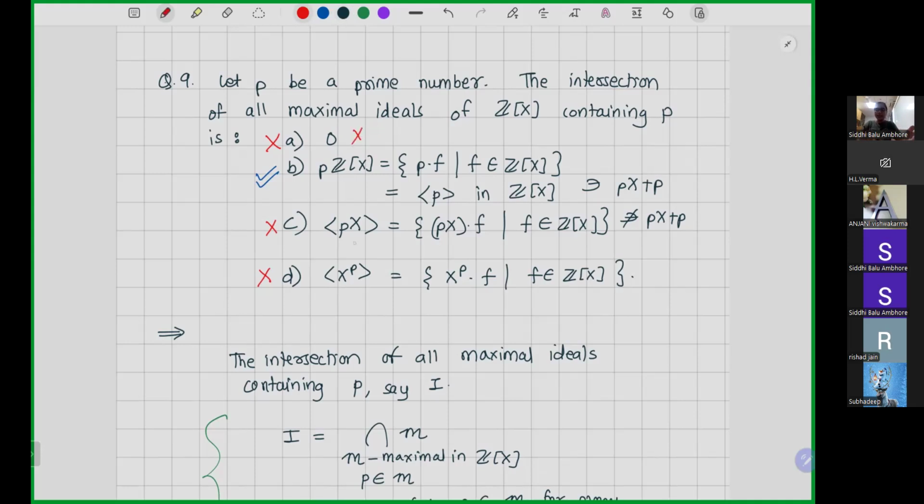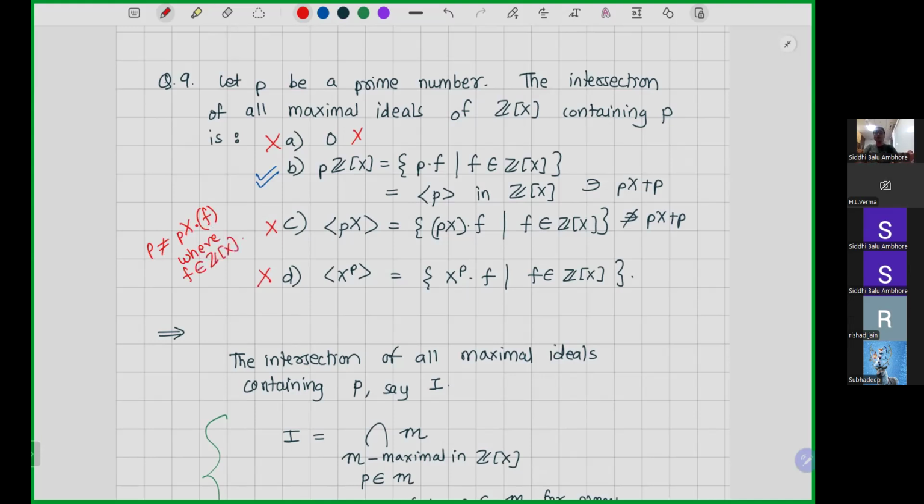Similarly, the ideal in option C is generated by Px. The prime number P does not belong here, because there does not exist any element from Z[x] such that when I multiply it with Px, I get P. So P is not equal to Px times some F where F belongs to Z[x].